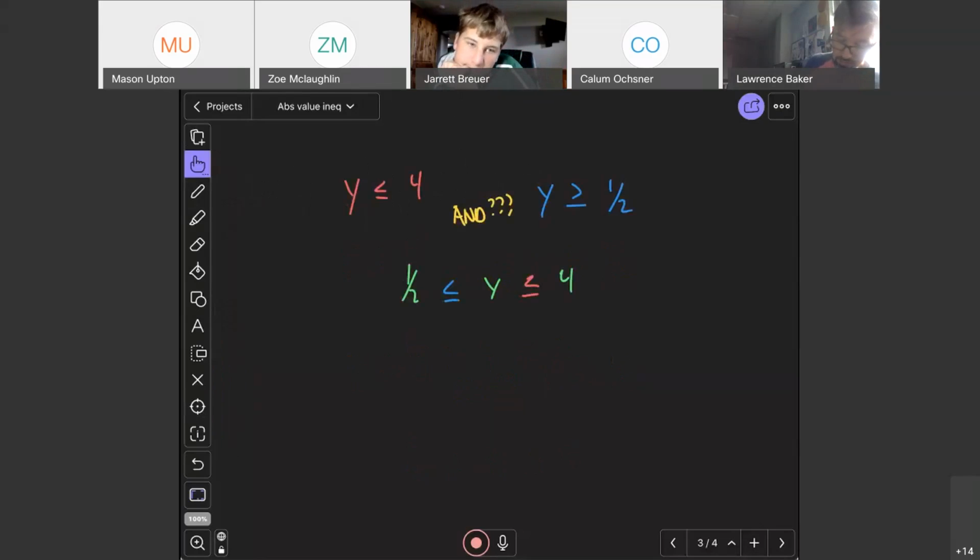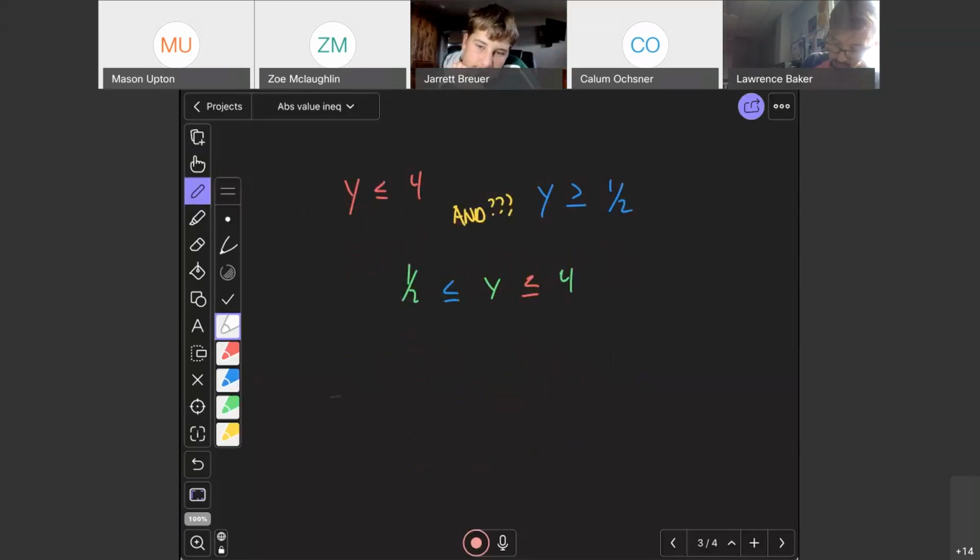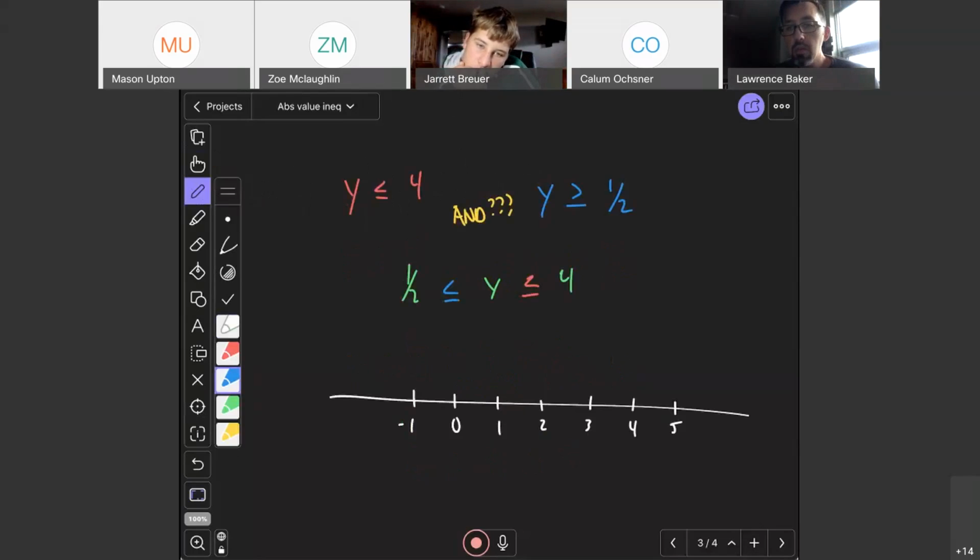And then I'm going to go to graph this. Numbers are pretty close together. So should I be using open circles or closed circles here, Zoe? Open circles or closed circles, Zoe?